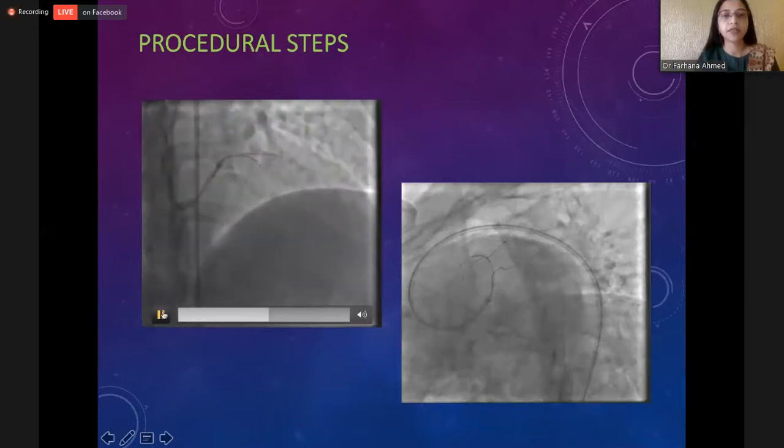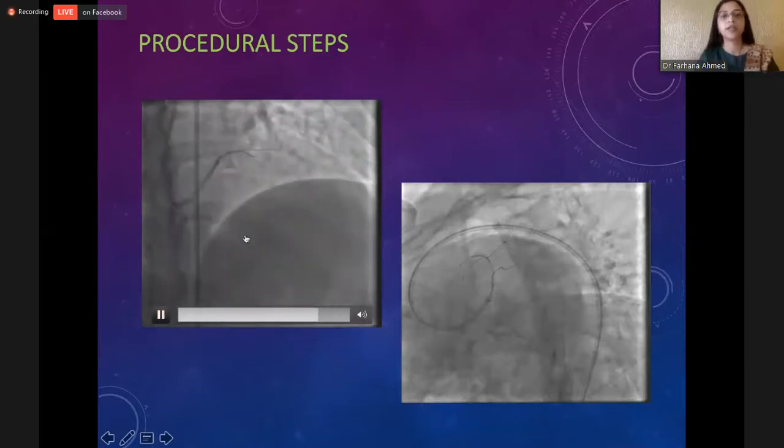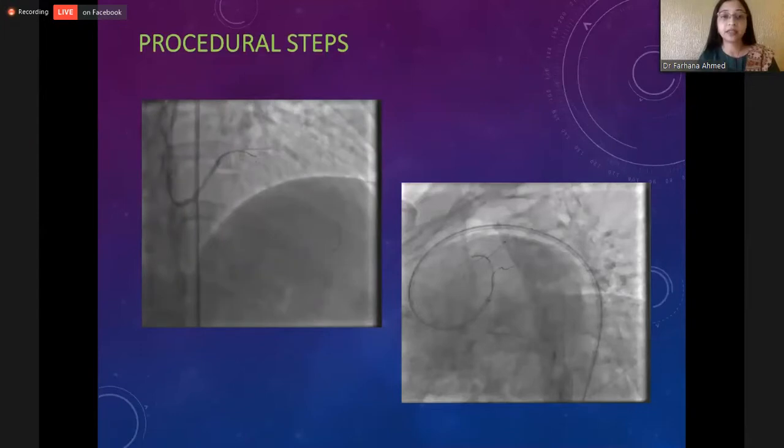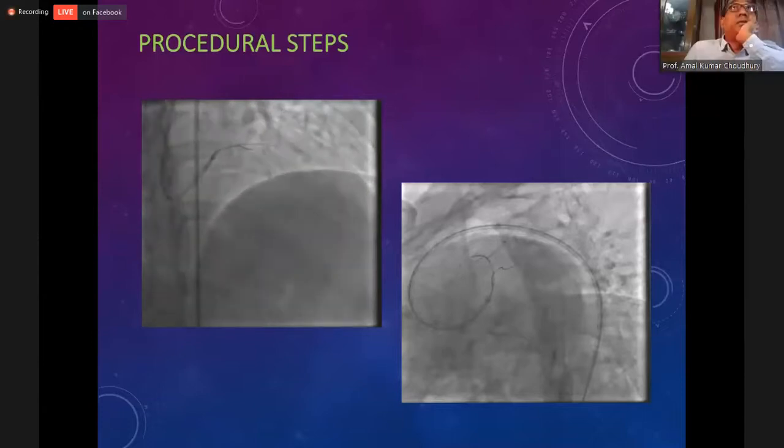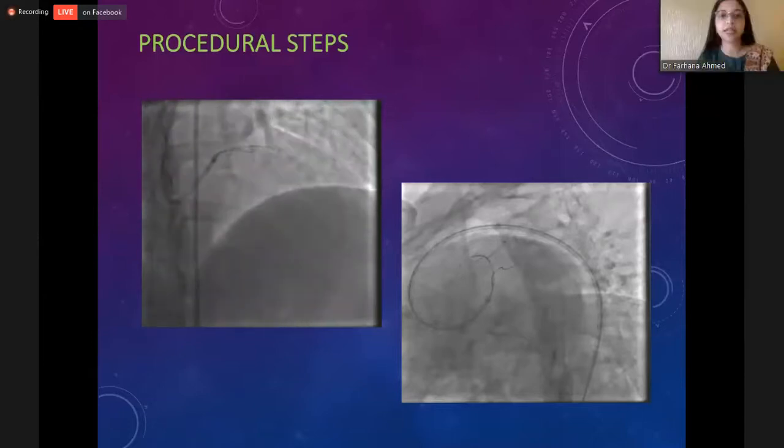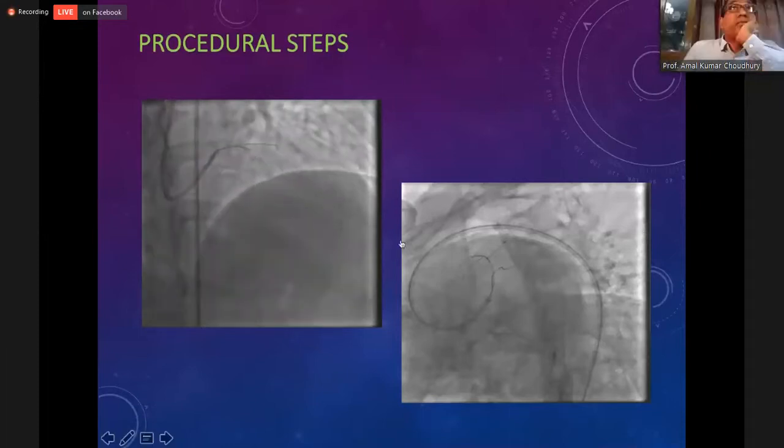First of all, we treated the mid lesions, as the lesion length is 54 from the ostium to the safe distal landing zone. First, we took a 2.5 by 38 millimeter stent to cover the mid LAD lesion.